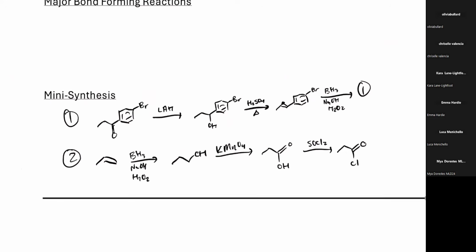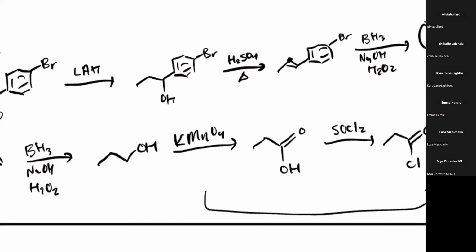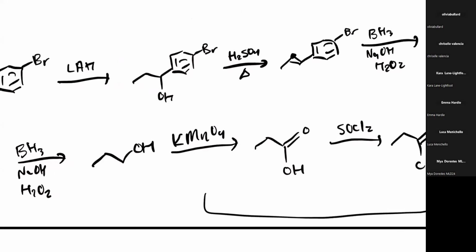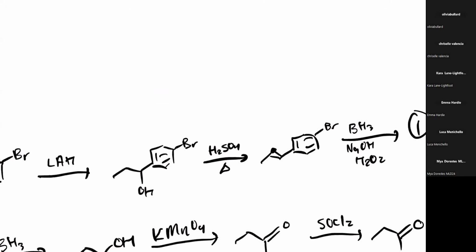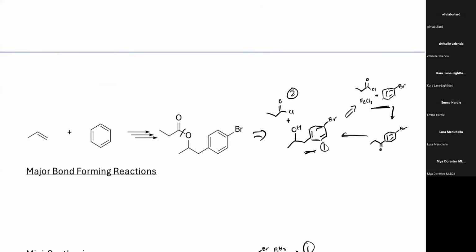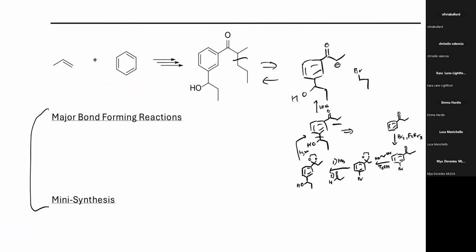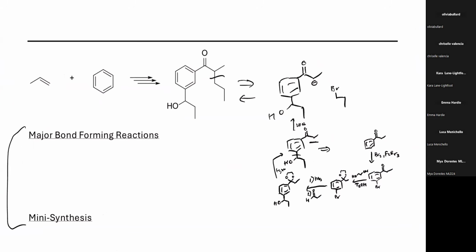So yeah, it's probably been a minute since you guys saw that, but this is kind of review. You guys had to do this, I think, on the second test. Essentially, you oxidize it all the way to carboxylic acid, then SOCl2 will replace it with the chlorine. I didn't show how to make this.